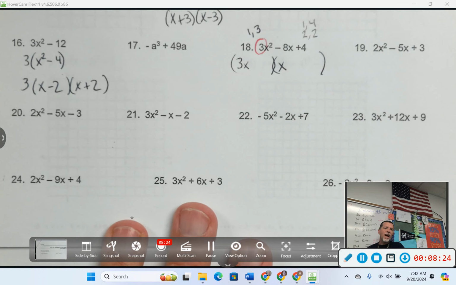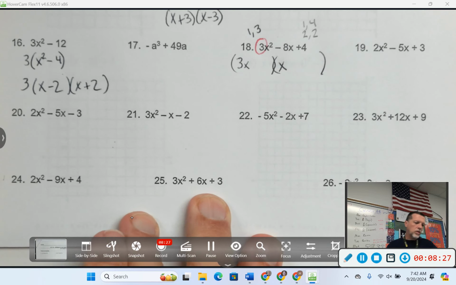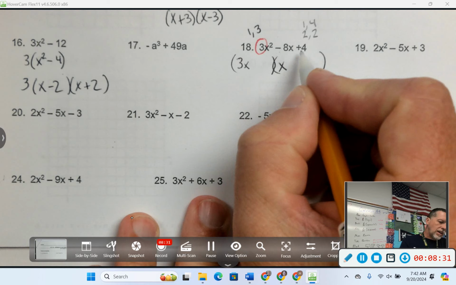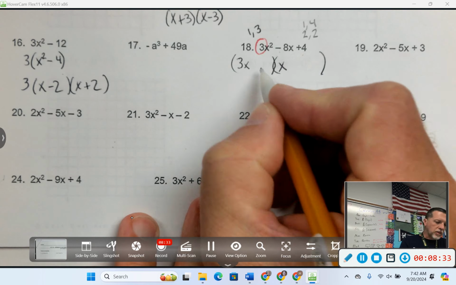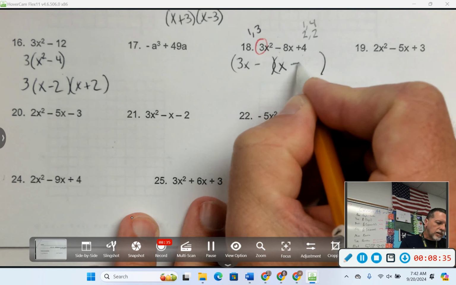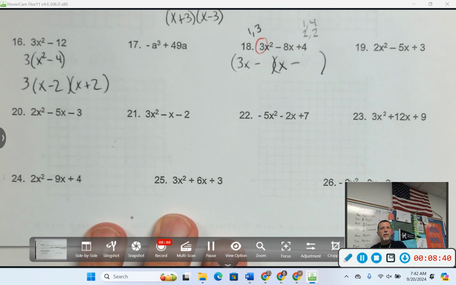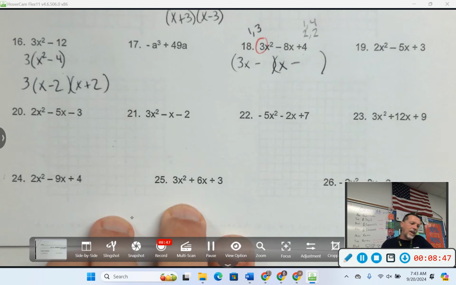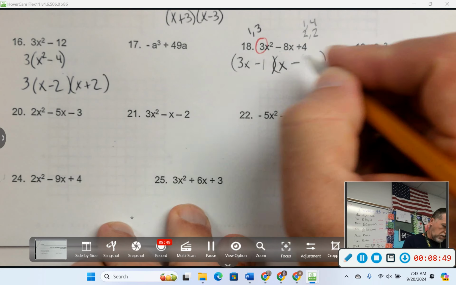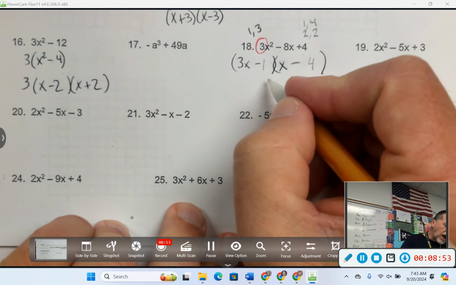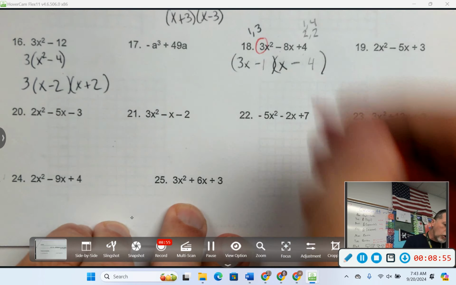What about the signs? Do we know what signs we'll use? Okay, the 8 is negative, and the last term is positive, so they both have to be negative. So I could switch back to the pen and put that in there because that's not going to change. So now it's a matter of where does the 1 go or the 4 go, or where do the 2 and the 2 go, and it's a guess and check thing. So maybe you just toss in a 1 and a 4, and then to check, we already know that the 3 and the 4 are going to work.